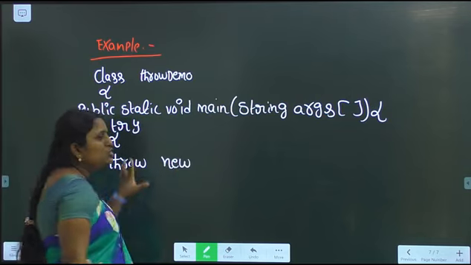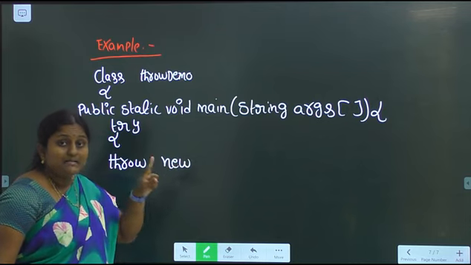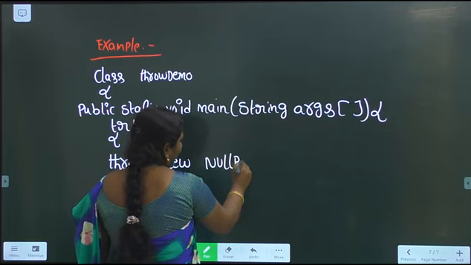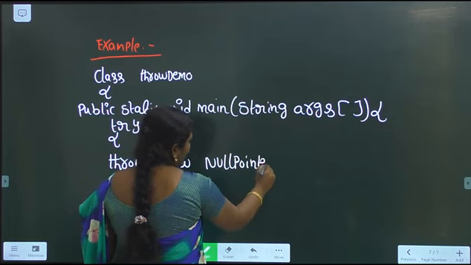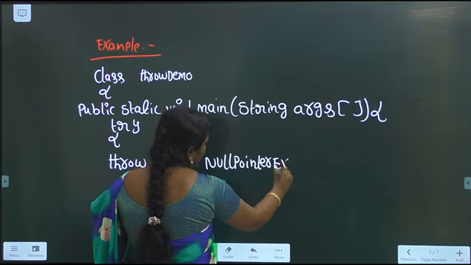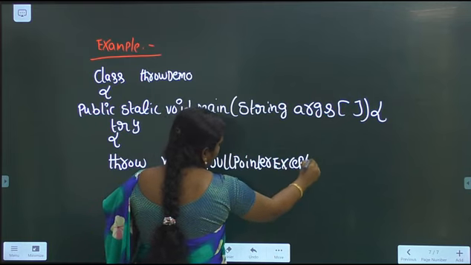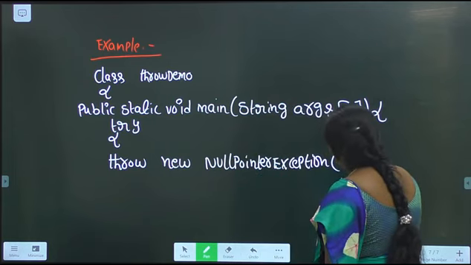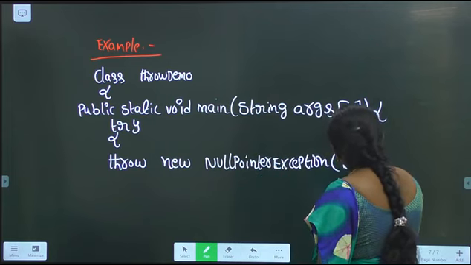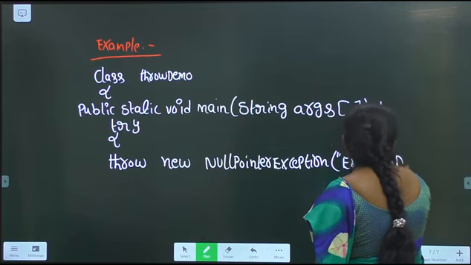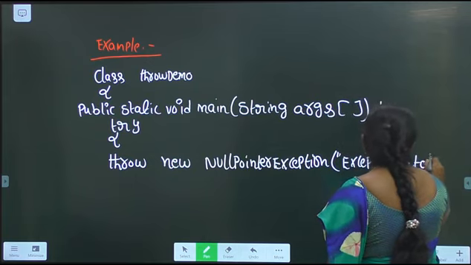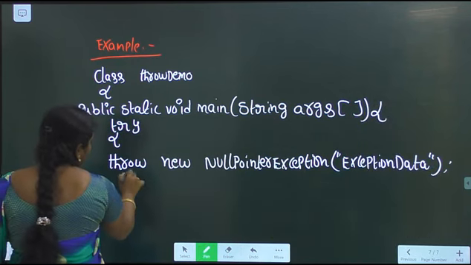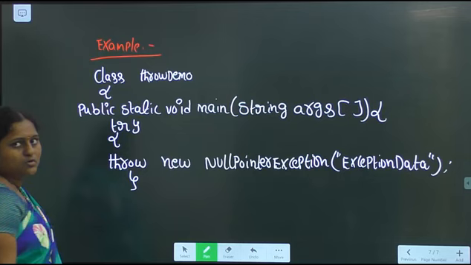Here I am writing null pointer exception, with exception data, and a semicolon. Here I am closing the try block.